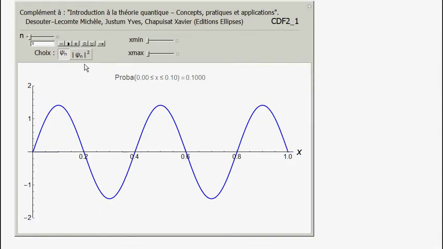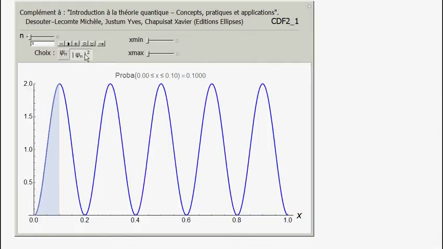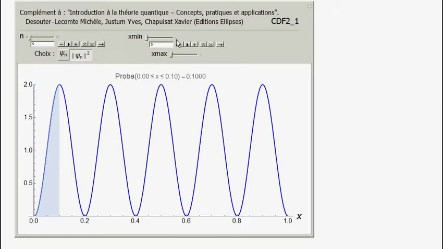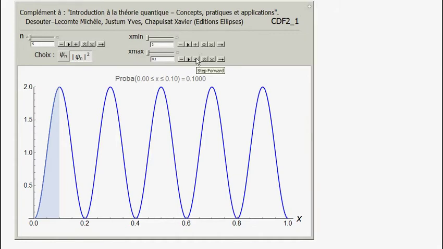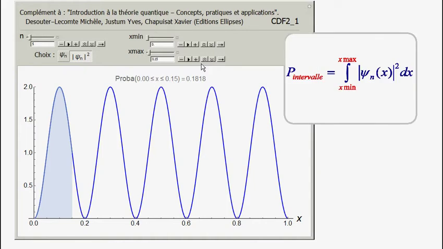Now, by choosing the square modulus of the wave function, the figure gives the probability density of localizing the particle. By varying xmin and xmax, we define a domain, and the probability of localizing the particle in this range is given by the integral of the square modulus of the wave function over this interval.